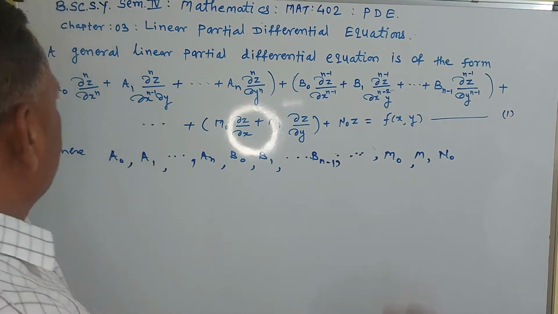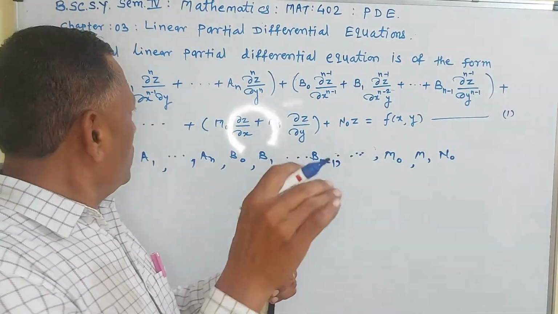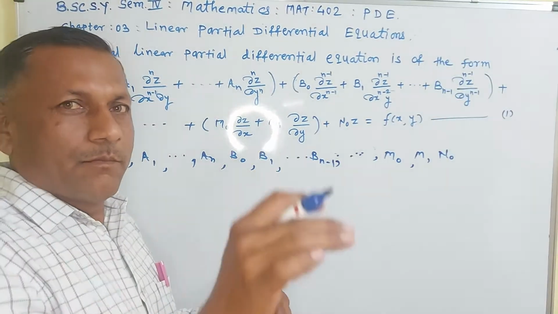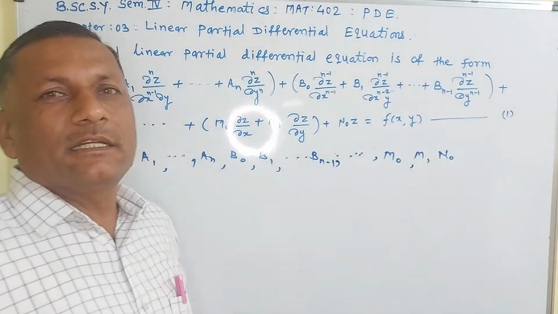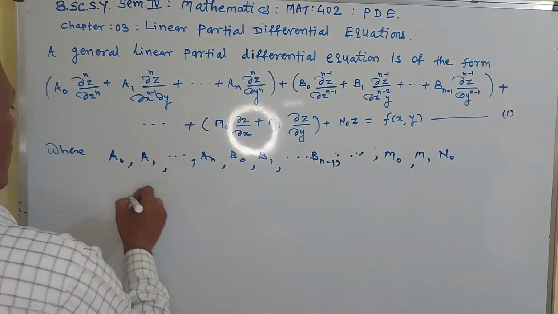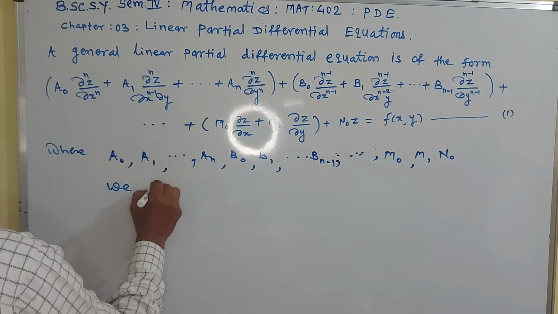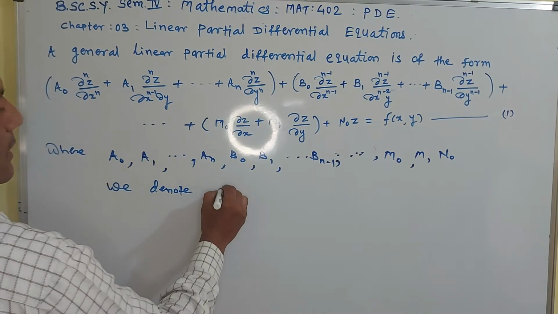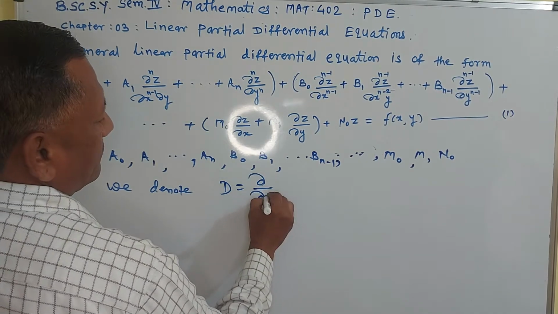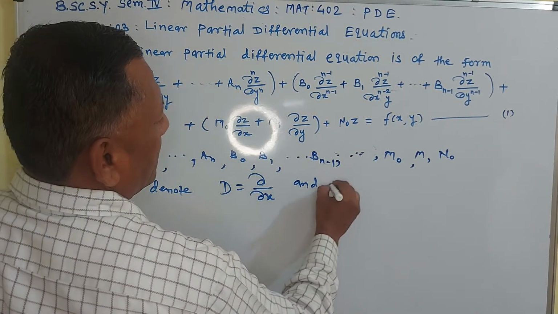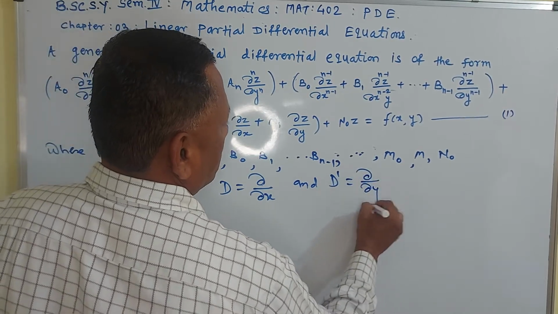Now for your simplification, we denote ∂ by ∂x by the letter capital D and ∂ by ∂y by the letter capital D dash. So for your simplification, we denote D is equal to ∂ by ∂x and D dash is equal to ∂ by ∂y.